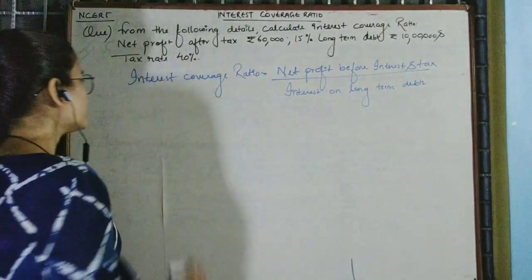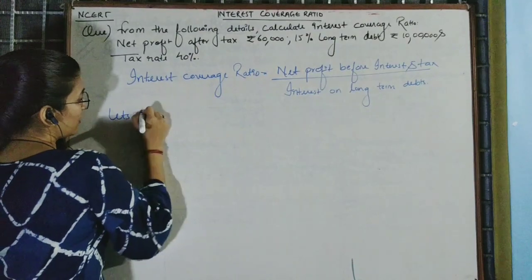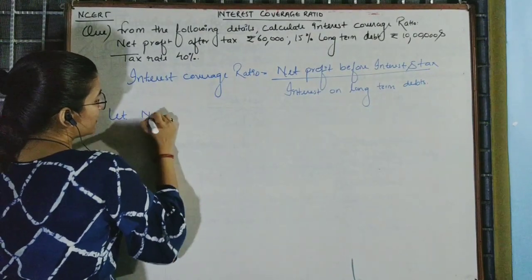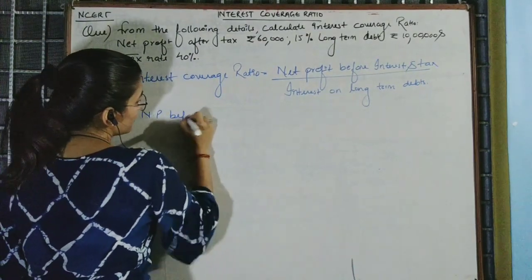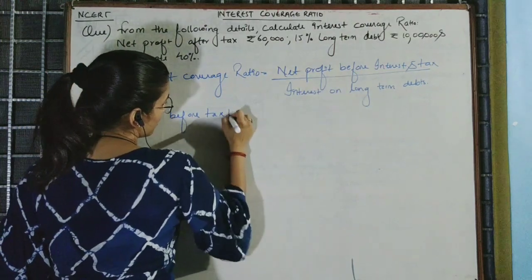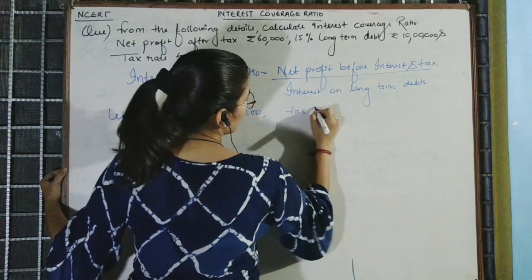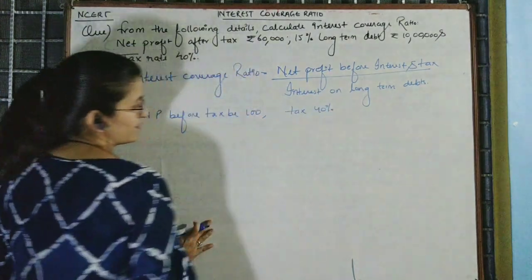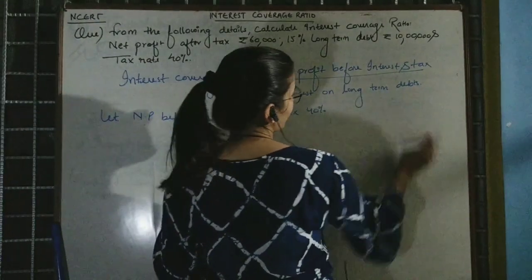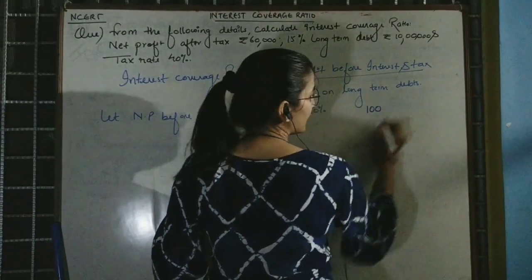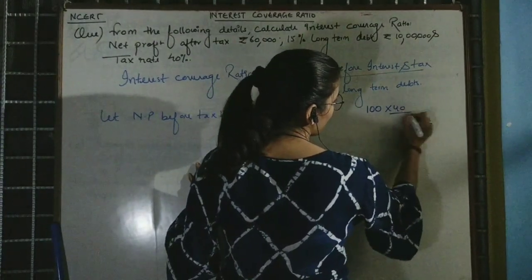So let's suppose the net profit before tax be 100, tax rate is 40%.